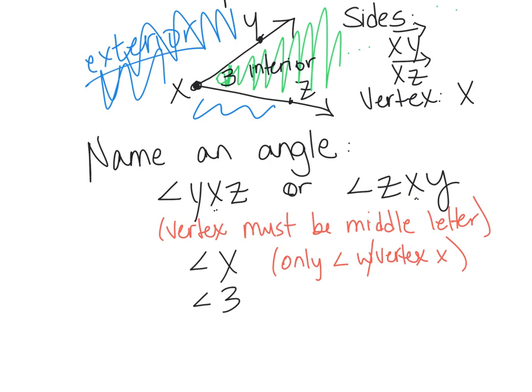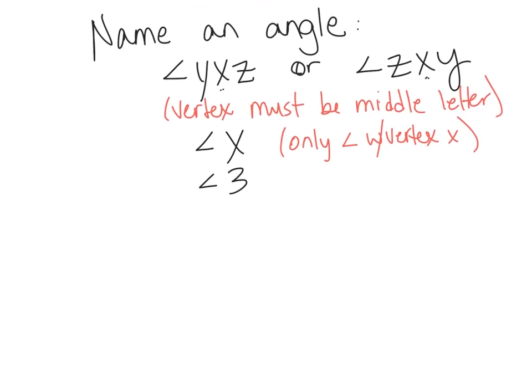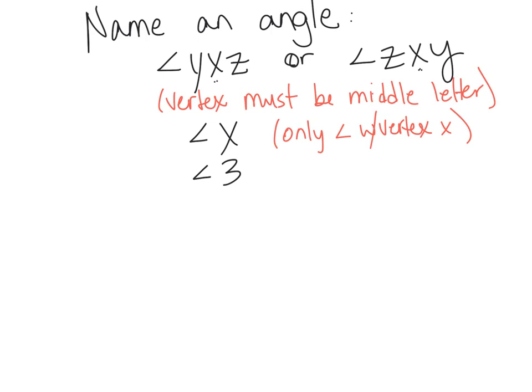All right, let me show you when you can't just use the vertex as the name. So here I have an angle, and I put a ray coming out of the vertex.